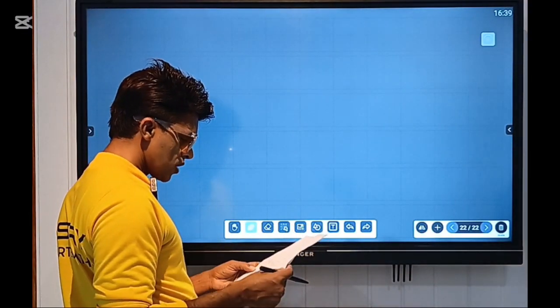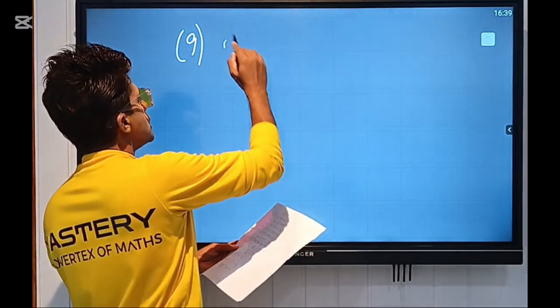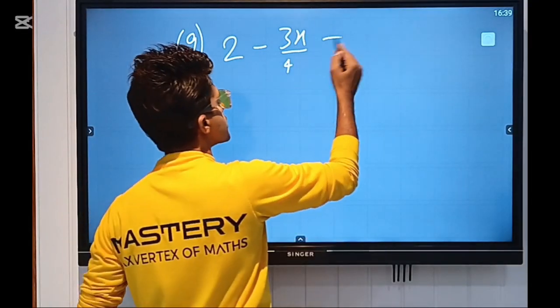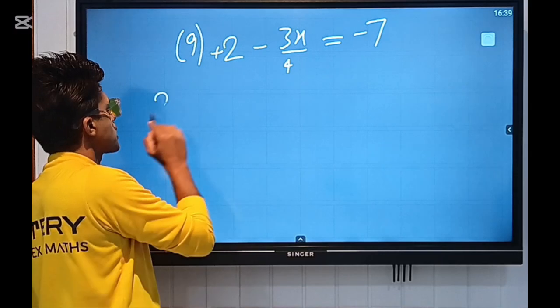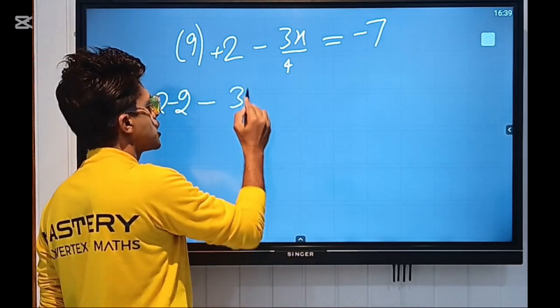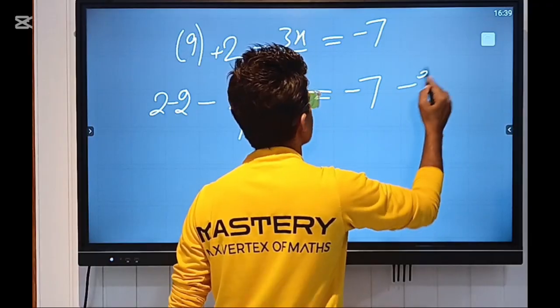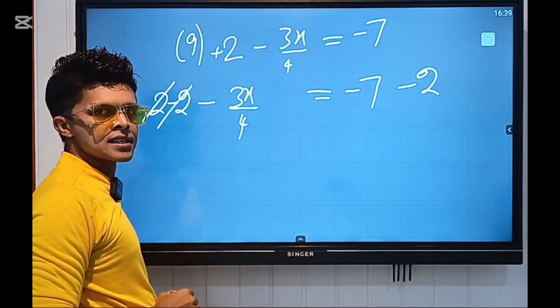So therefore, I do not do that. Then the ninth question, I'll teach you the ninth question. 2 minus 3x over 4 equals minus 7. So here plus 2, therefore you could subtract 2 from both sides, and minus 3x over 4 equals minus 7. From this side also you could subtract 2. So plus 2 minus 2 cancel out.